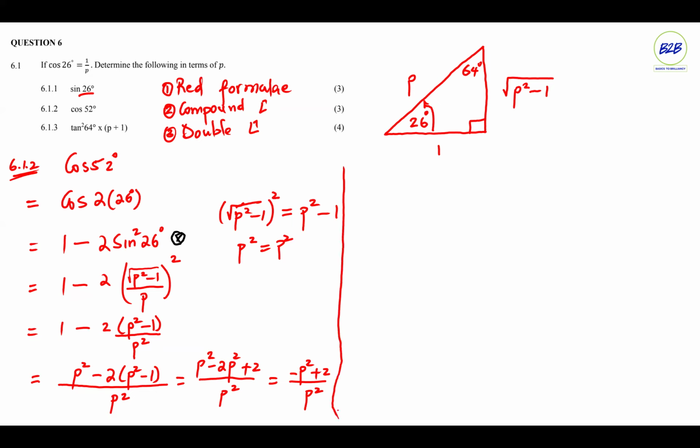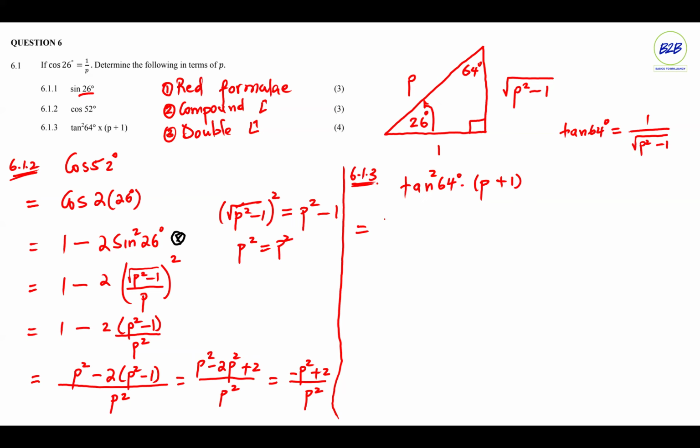All right, now let us focus on 6.1.3, which is tan squared 64 degrees times p plus 1. So we must know first what is tan of 64 degrees. That is the opposite of 64, which is 1, and then over the adjacent, which is the square root of p squared minus 1.